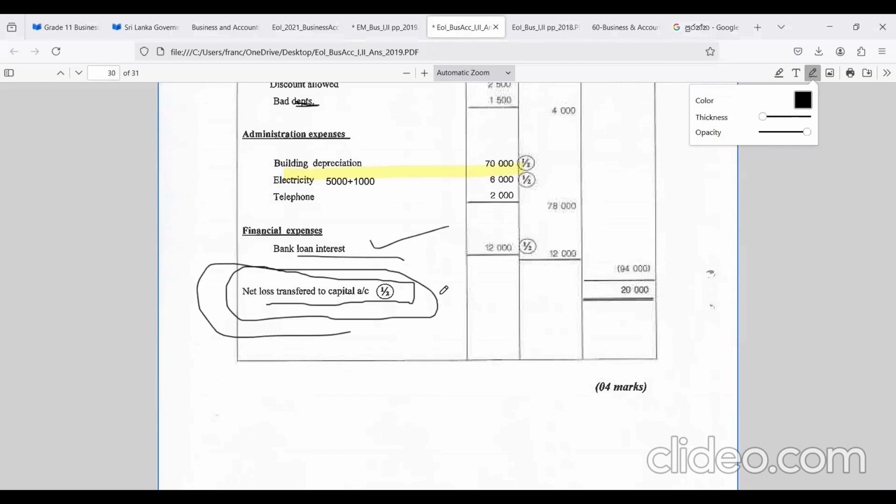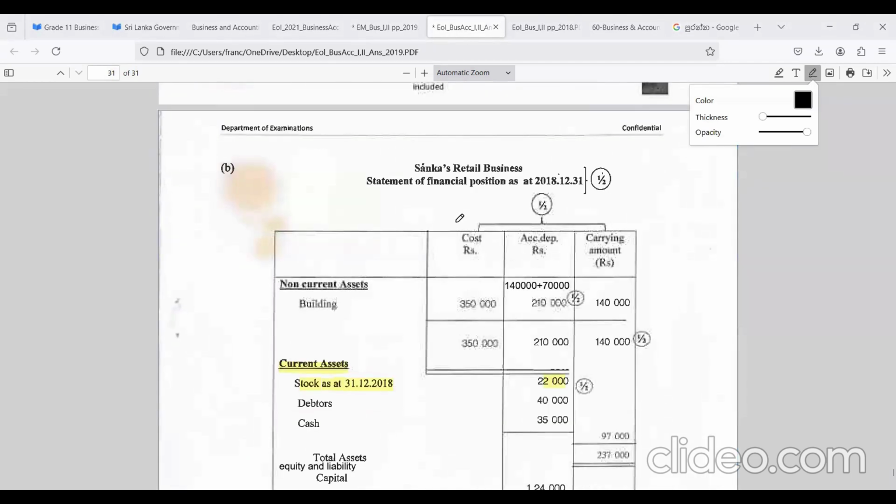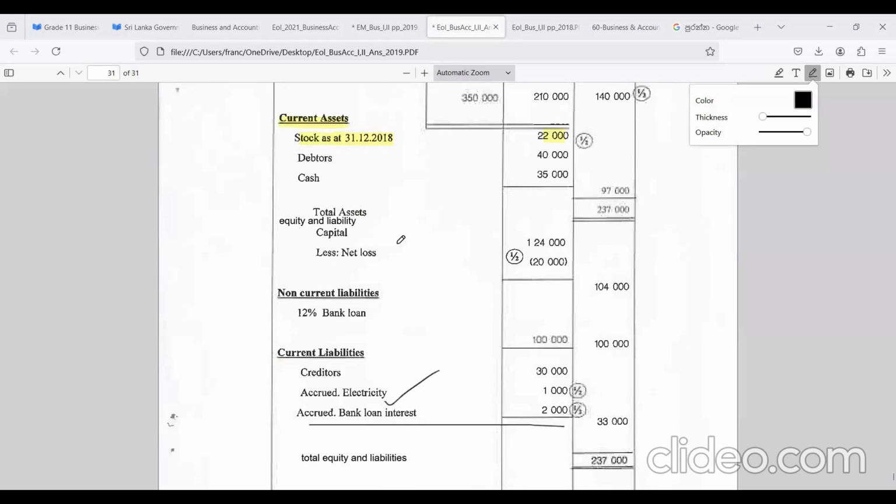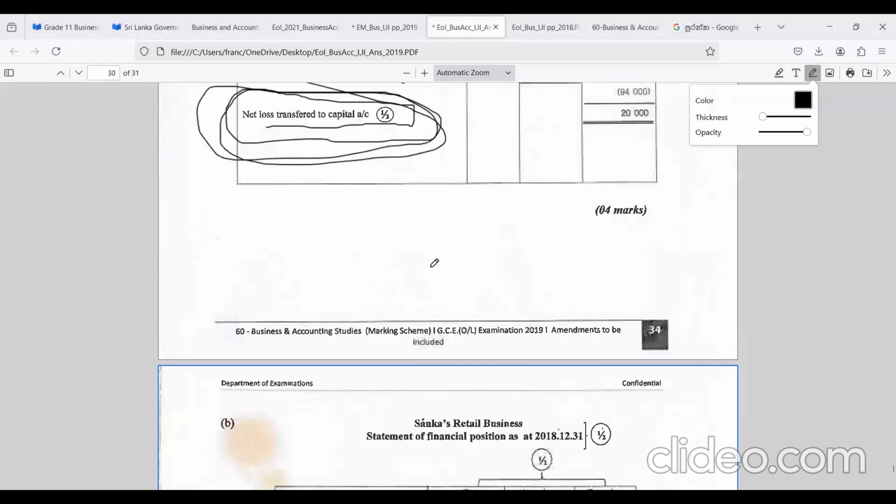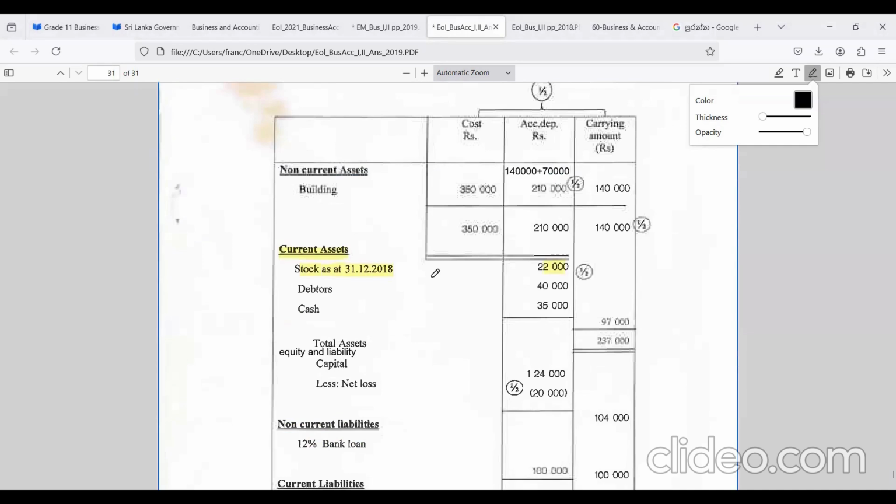That's why I'm telling, write all these things properly. Still there are people who do not write these things. So this should be transferred to the capital. I hope this sum is clear and we can move to 2018.